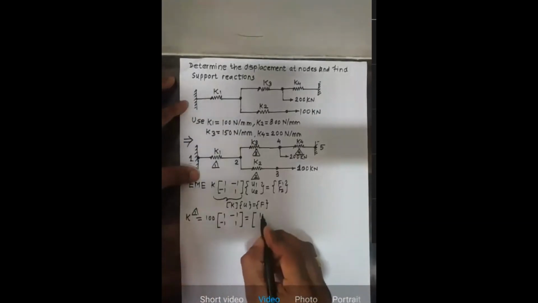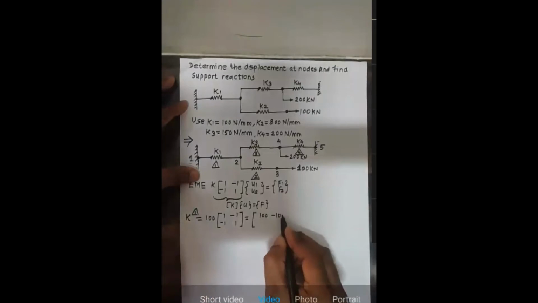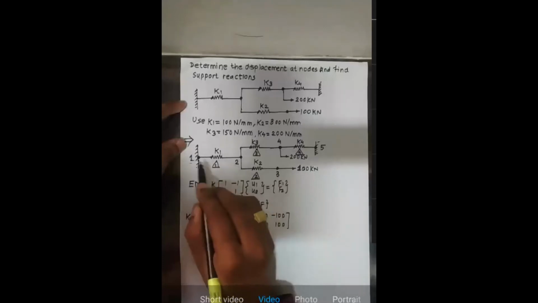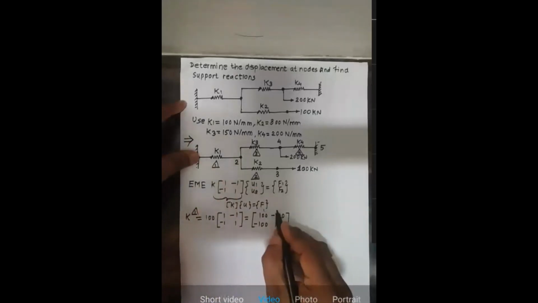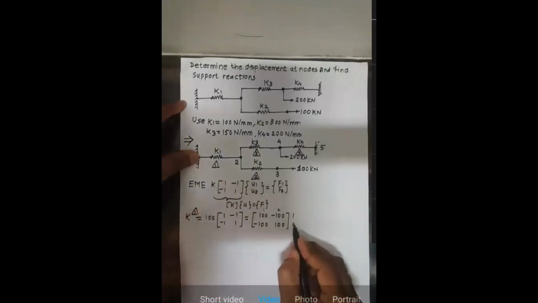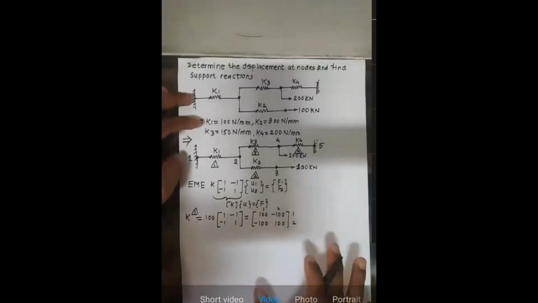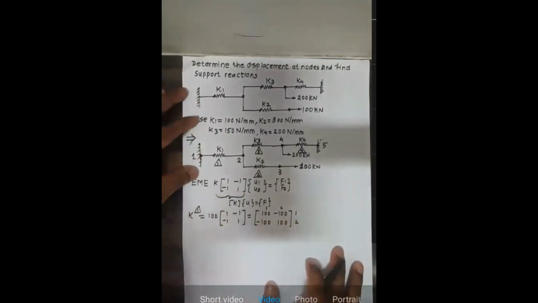I'll get 100, minus 100, minus 100, and plus 100. But element number 1 is between 1 and 2, so assign the numbers 1, 2 and 1, 2. This is very important, because this will determine whether you correctly form the global stiffness matrix or not.